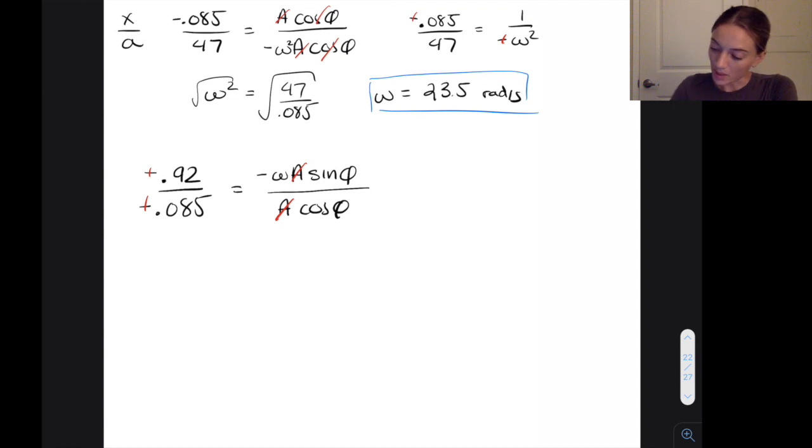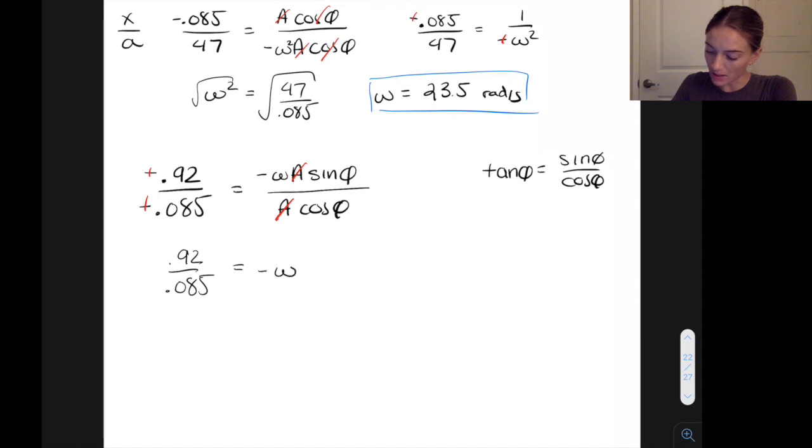So remember that tan is actually equal to sine over cosine. So I can simplify this equation. I have 0.92 over 0.085 is equal to negative omega times tan of phi.